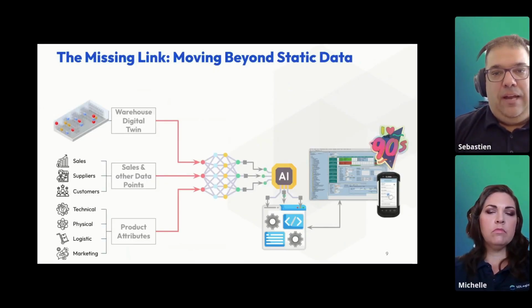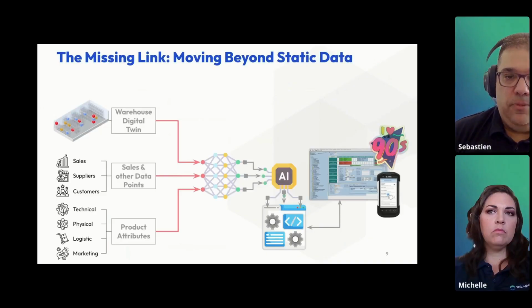And now that we have this, what I call missing piece of the puzzle, now we can truly use the technology and AI to compute all sorts of scenarios that weren't necessarily available to us before, because we didn't have the data from the racking, from the volume available, and so on and so forth.